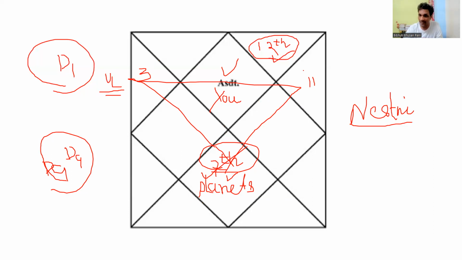So a planet in the 11th house, third house, or 7th house will give you marriage, or the lord of the 11th house, the lord of the third house, or the lord of the 7th house will give you marriage. So these are the criteria by which we can know the period in which the marriage is going to happen. So let us see certain charts.